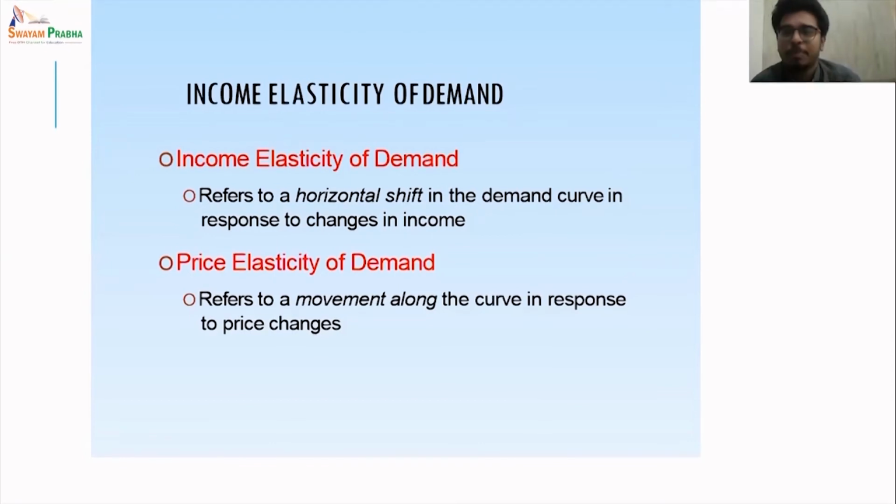When anything apart from price changes, that causes a change in demand; let us take the example of income, then it moves parallelly, right? So price elasticity of demand refers to the movement along the demand curve, whereas income elasticity of demand will move the demand curve rightwards or leftwards, horizontally. A rise in income will shift the demand rightwards parallelly, whereas a fall in income will decrease the demand or shift the demand curve leftwards parallelly.